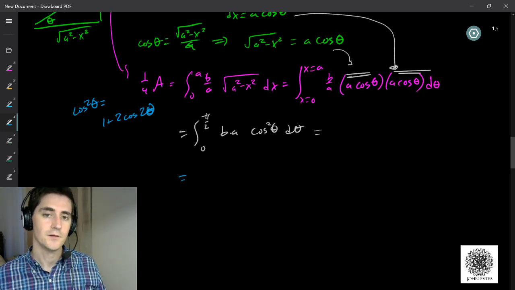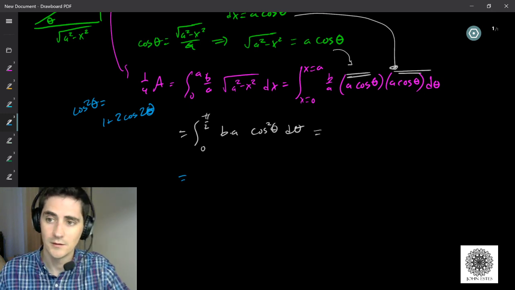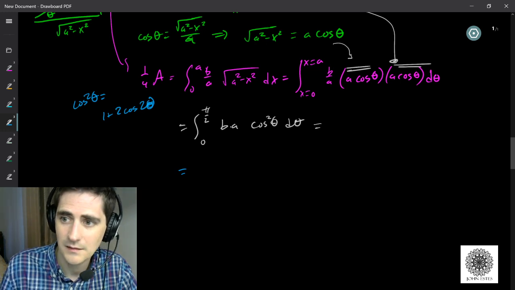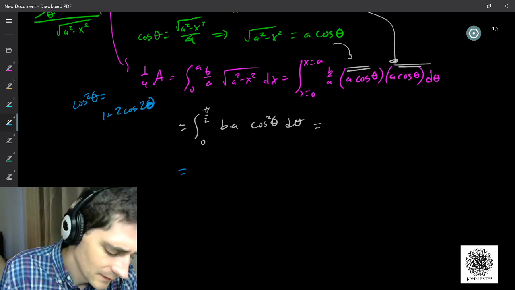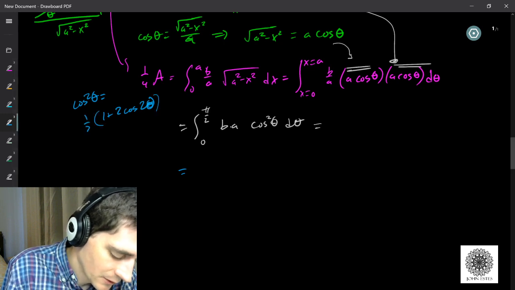All that's doing is rearranging one of the double angle identities for cosine. So here I end up with cosine squared, times 1/2.